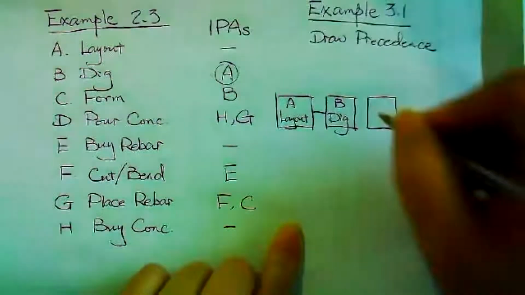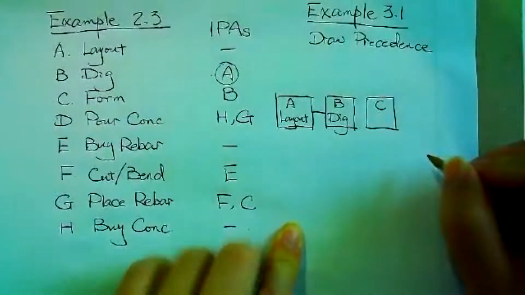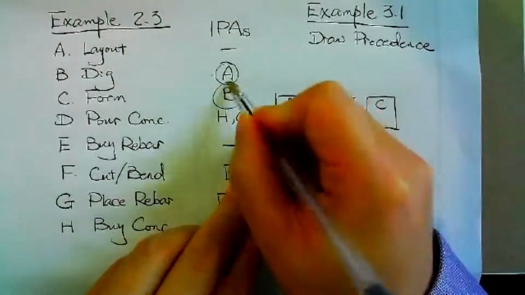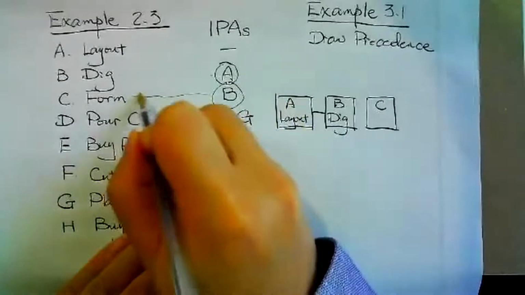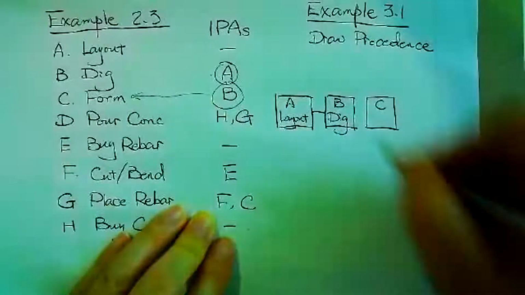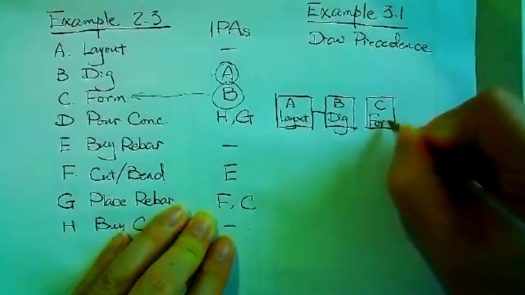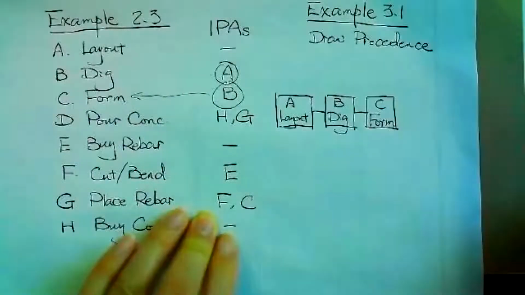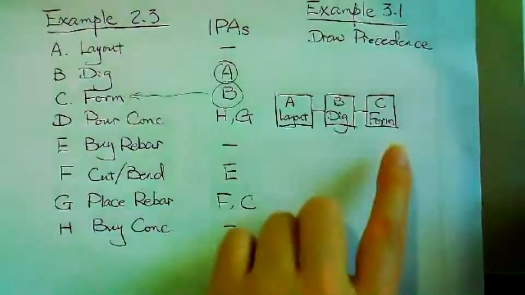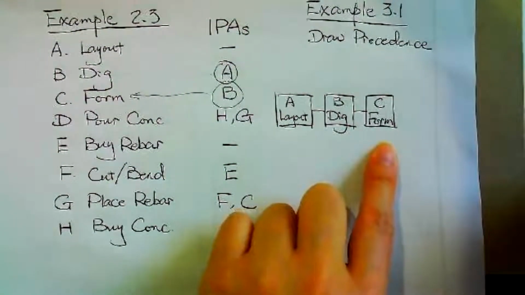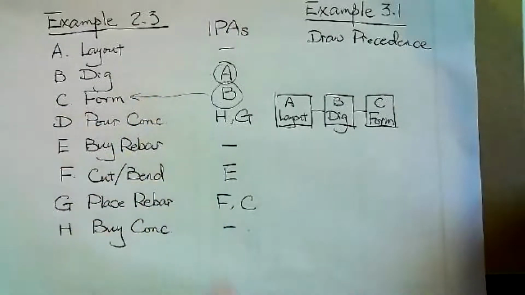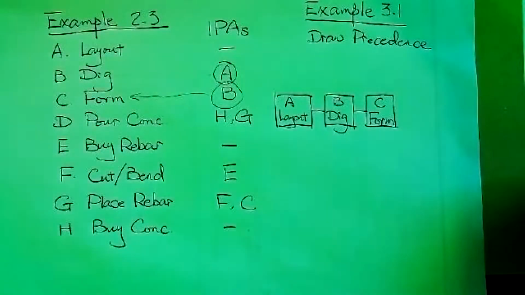C, very good. C, because you find B over here, find this is activity C, it's formwork. Then which one follows C? Go through this table, which one follows C?